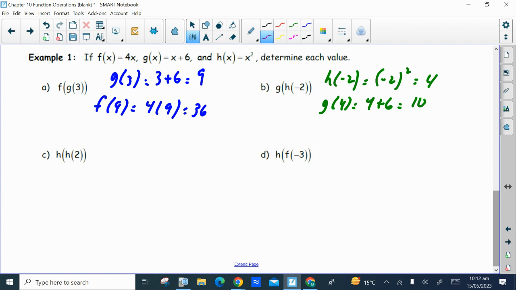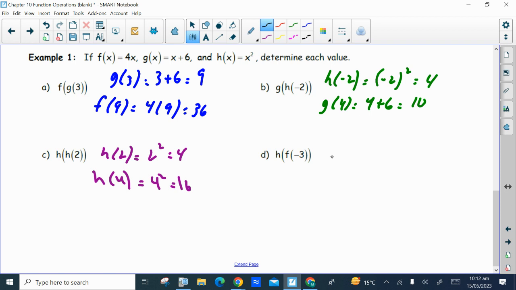H at h at 2. Again, working from the inside out, you're going to use the h at x function twice. H at x is defined by x squared, so when you square 2, you'll get 4. And then you have to use h at x a second time. Now you're squaring 4, which gives you a value of 16.